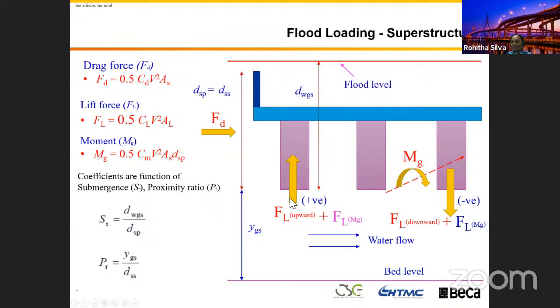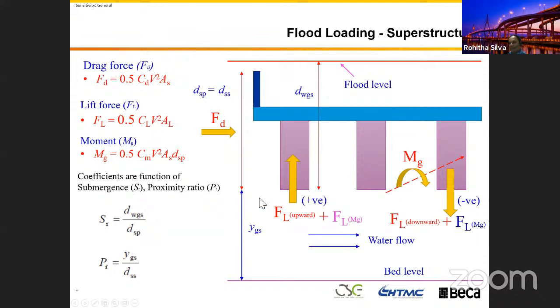And again, when the water is flowing across here, before the bridge it is just flowing in the cross section. When you put the bridge in, there's an obstruction that creates a wake underneath the bridge superstructure. This is quite complex.